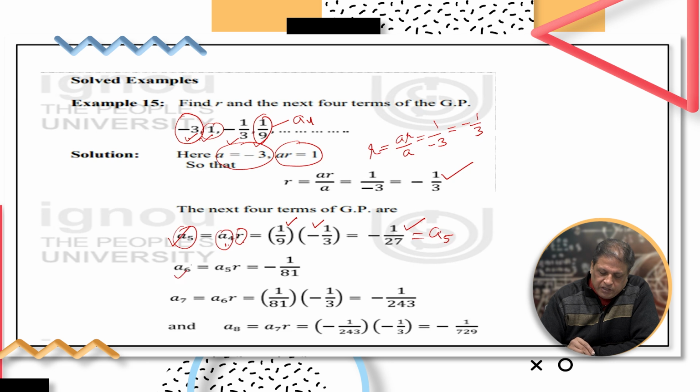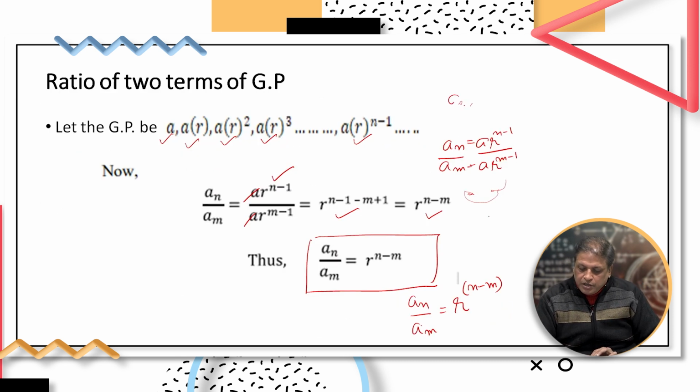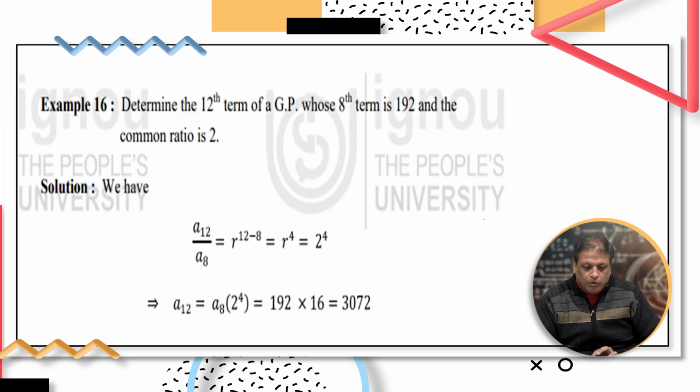Similarly, you can find a6 and a7 and you will get the values minus 1 upon 81 and minus 1 upon 243. On the same lines, you can get a6, a7, a8, whatever. You can calculate the values by simply applying the formula, which is an by am equals r to the power n minus m.